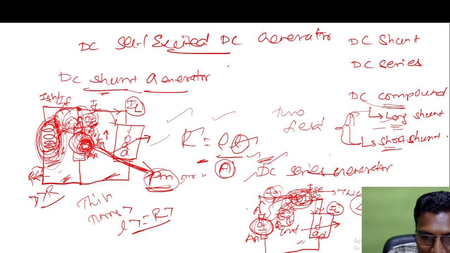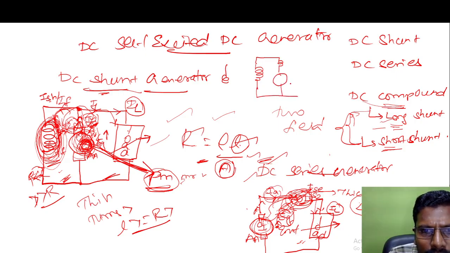For the long shunt, this is a field winding, the armature, and this is a variable load.